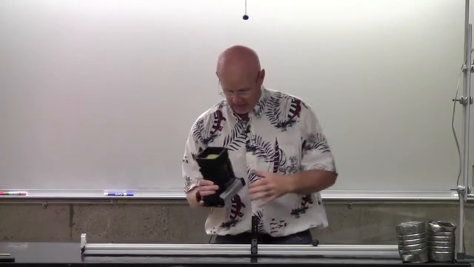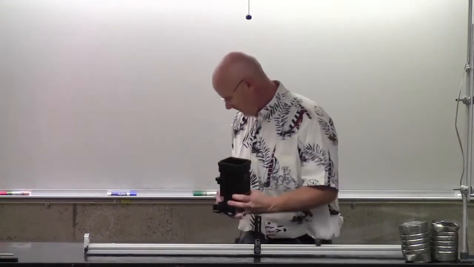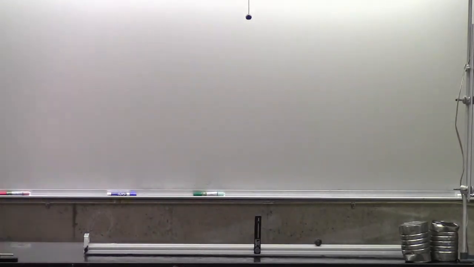It's small enough that I can't get my finger in there, but if I get a piece of paper or something, and I break the beam, so I'm going to put the piece of paper in there, you'll hear it.